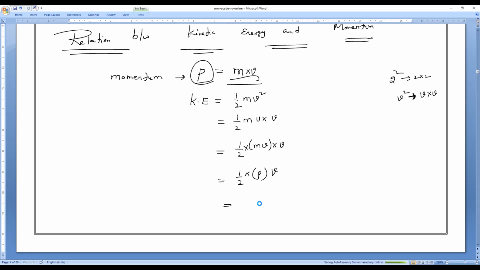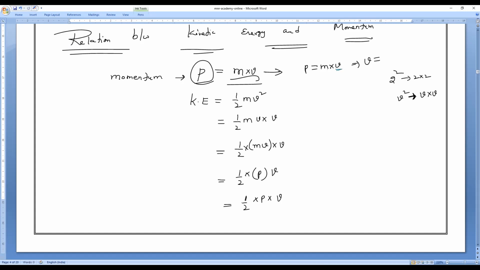So what can I write? Half into P into V. Am I right, everybody? Yes, sir. From the first equation, momentum is equal to mass into velocity. From that, velocity is equal to what? Speak loudly.